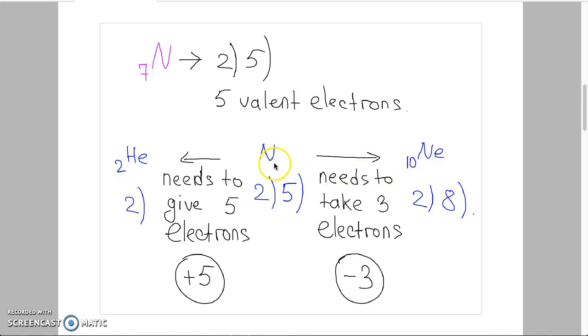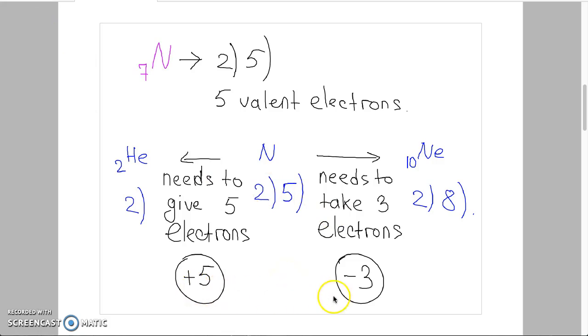For example, if nitrogen wants to be like helium, it needs to give away 5 electrons because it has 7 and helium has only 2. If nitrogen wants to be like neon, it needs to take 3 electrons, because neon has 10 electrons, and nitrogen has only 7.